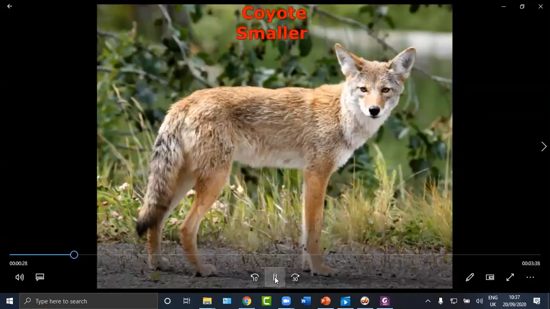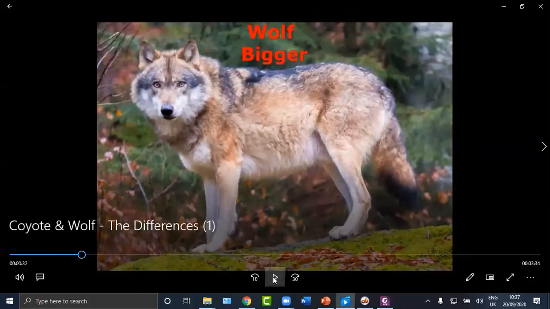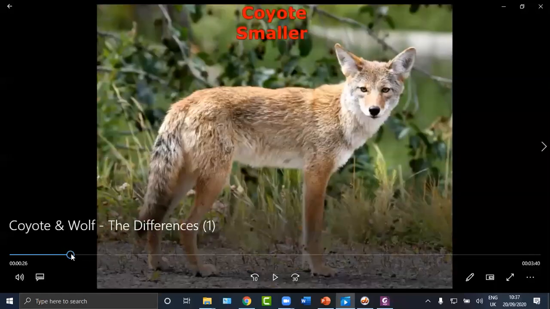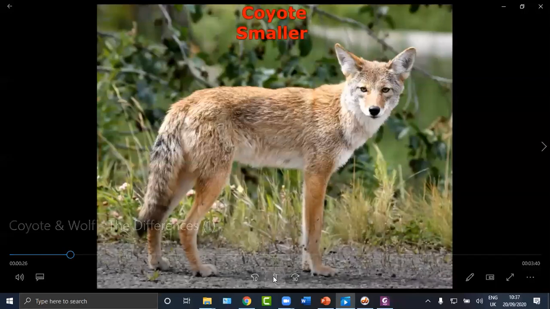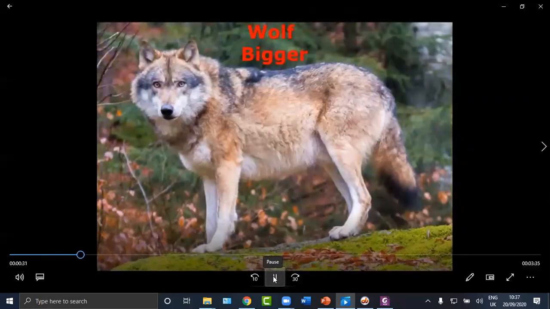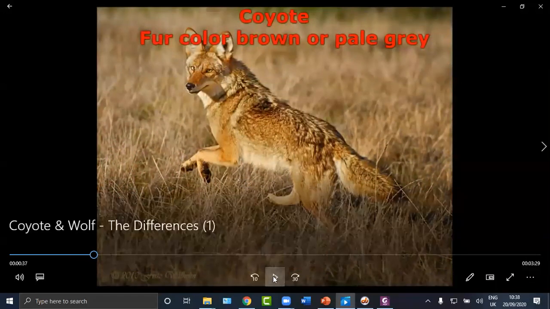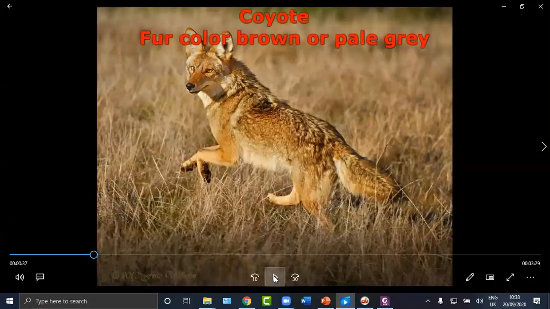Dirty D's in the whiskey grams. Native son is a toothless. Not here. Wolf bigger. Wolf bigger. Coyote smaller. Big difference. Coyote smaller. The dirty D's in the whiskey grams. Native son is a toothless brands. Plays the keys when he speaks in sound. Coyote for color brown or pale gray.